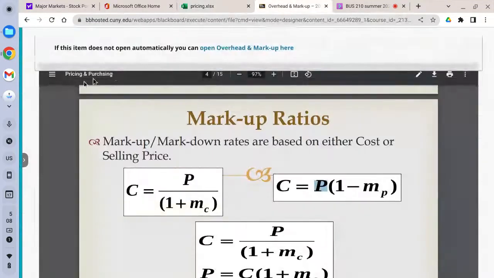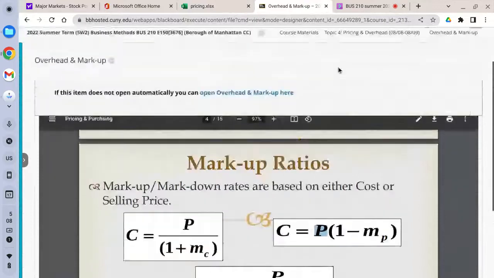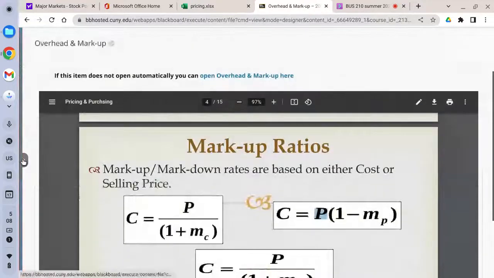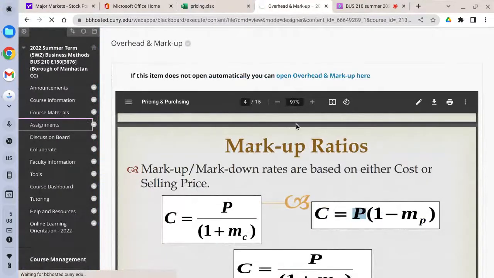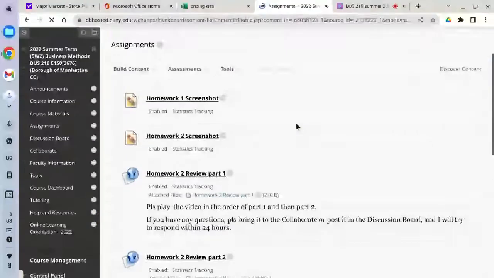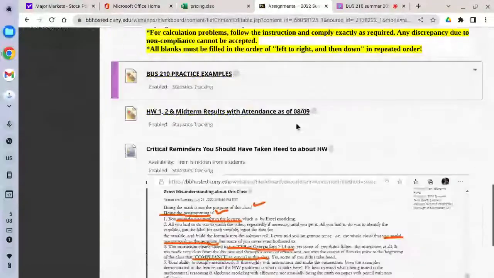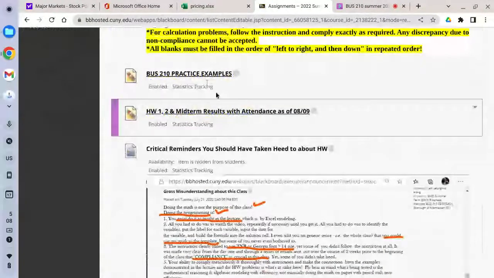You know where to find the example, right? In the assignments, there are practice examples.